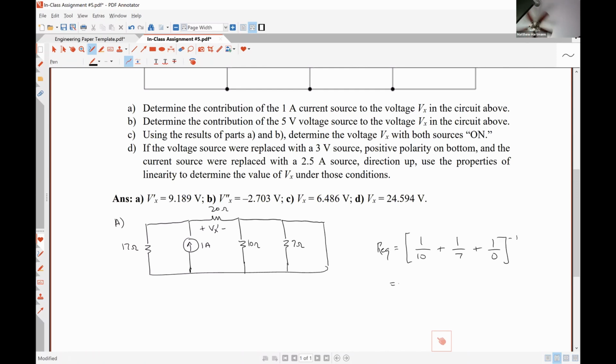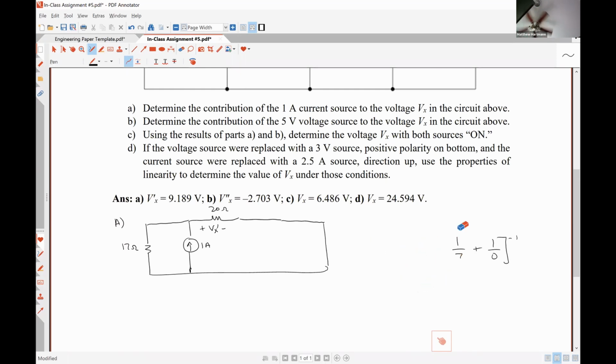So this is going to look like 1/10 plus 1/7 plus infinity, which is going to be infinity. And we take that to the -1 power, our equivalent resistance is 1 over infinity, which is 0. So this 10 ohm resistor doesn't do anything because it's shorted out. The 7 ohm resistor doesn't do anything either, and we're just left with that short circuit.